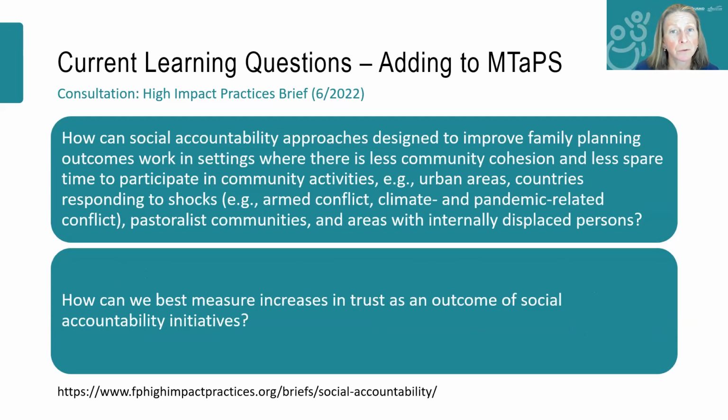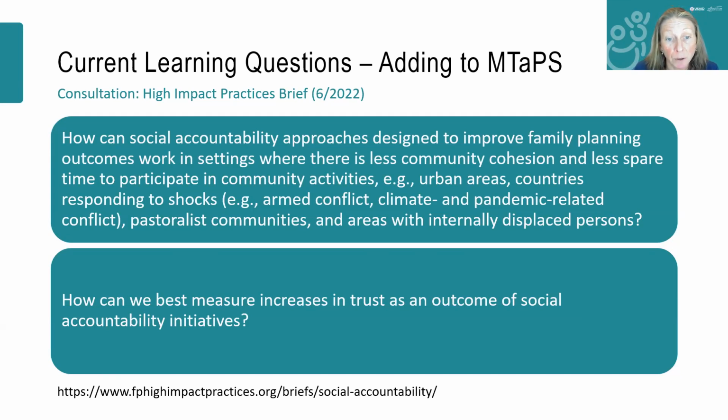So the second two learning questions in the high impact practice brief actually might add to the MTaPS agenda. The first one being, how can social accountability approaches designed to improve family planning outcomes work in settings, and be adapted in settings, that have less community cohesion, have internally displaced populations, migratory populations, shocks and stresses that affect the ability to implement social accountability in its full fidelity.